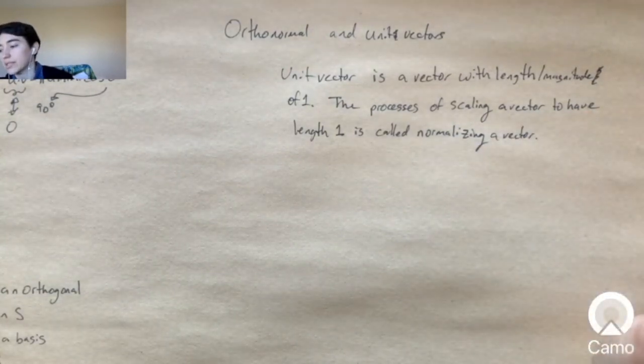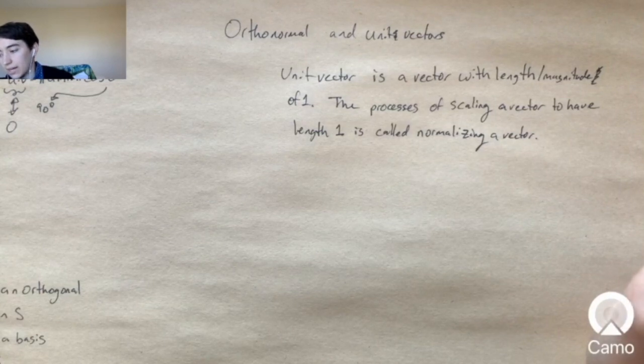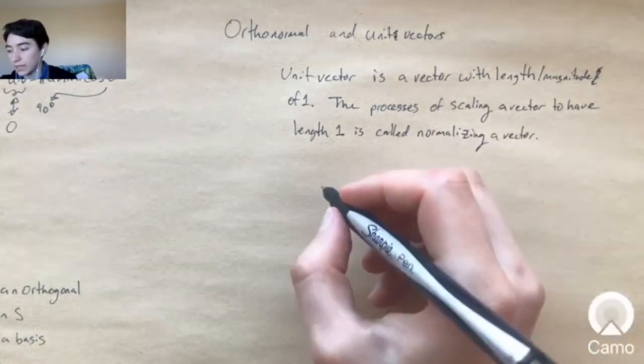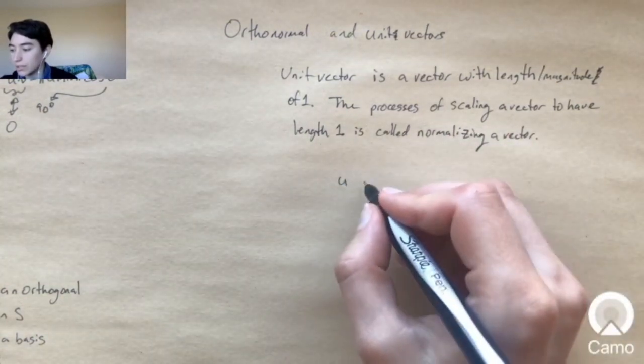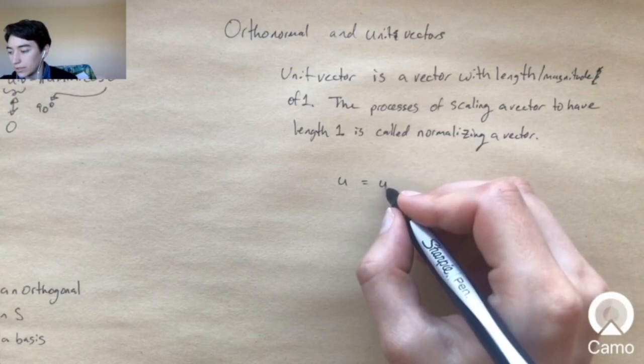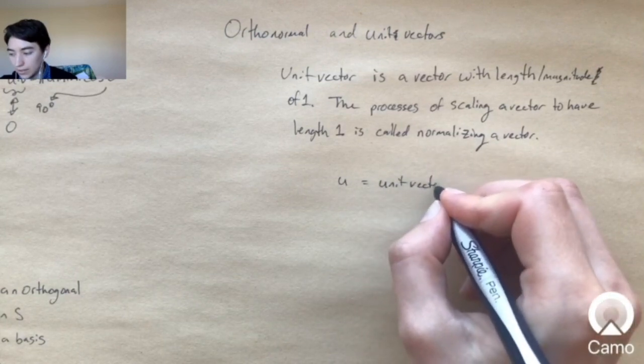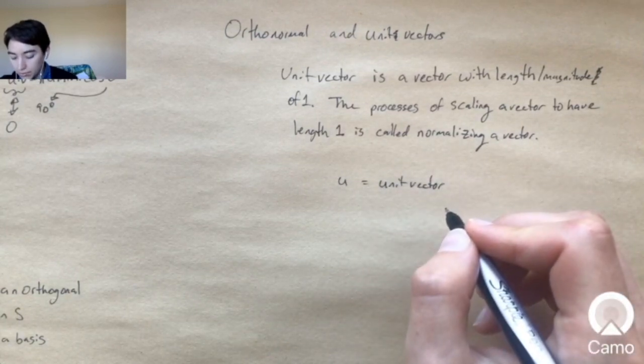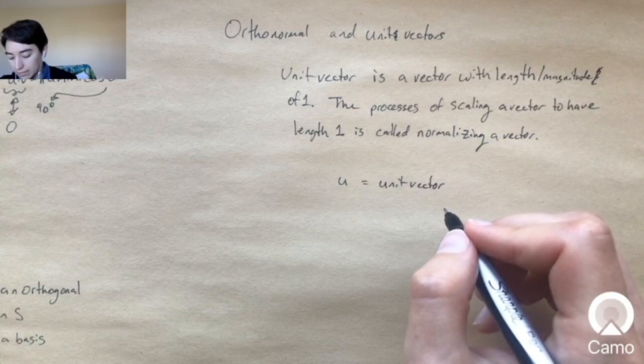Okay, so the process of scaling a vector to have length 1 is called normalizing a vector. So we denote unit vectors as u. U is a unit vector.